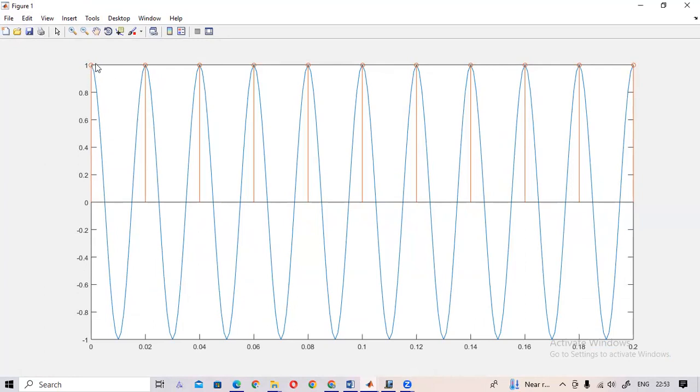Once you reconstruct this, you will get a DC signal like this. Actually not a DC signal, you will get this kind of one, because it also depends on the resolution of the circuits. So generally we can assume that you will get a DC signal like this, not a sinusoidal signal.